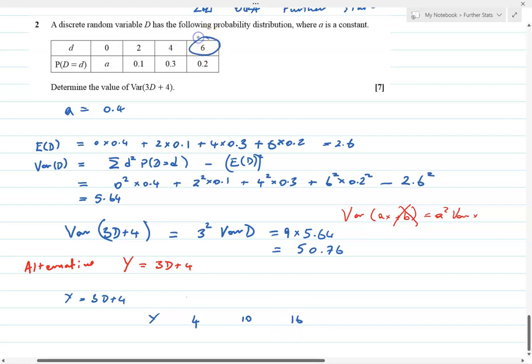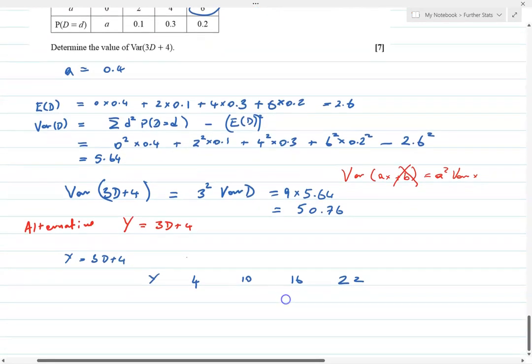And 6 times 3 is 18 plus 4, which is equal to 22. Okay, so that's our distribution. Obviously, the probabilities are the same as before: 0.4, 0.1, 0.3, 0.2.